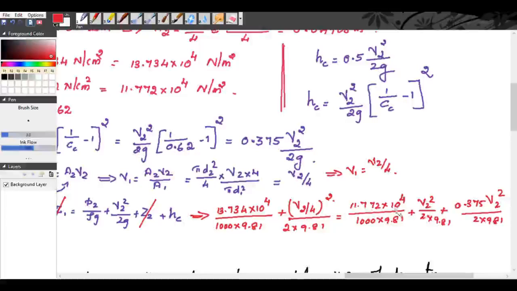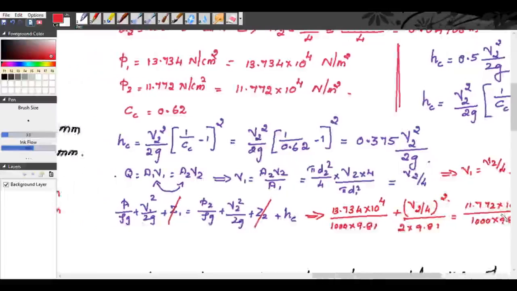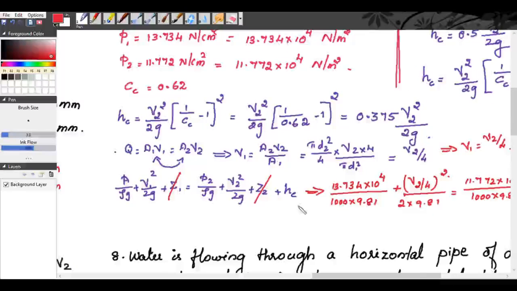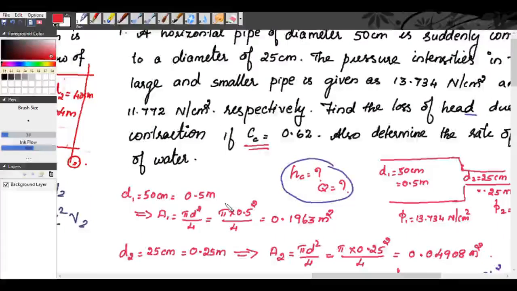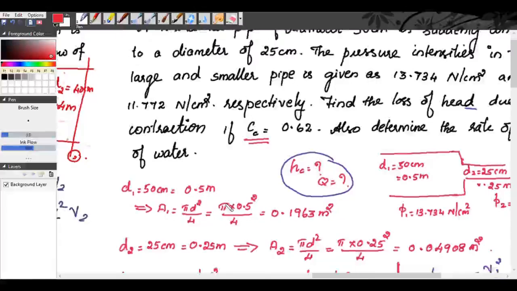Now you see the only unknown is V2. From which we get V2 is equal to 5.467 meter per second.